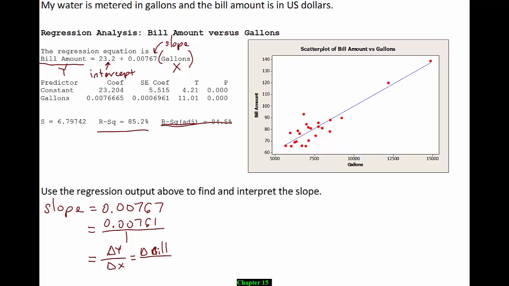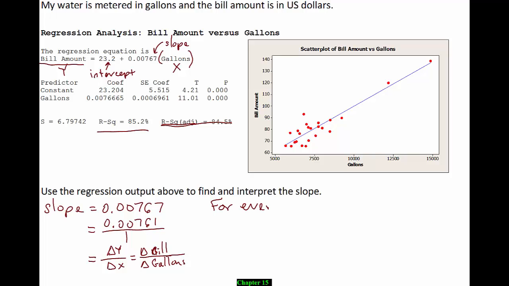And my x is gallons. That's my usage. So, we can interpret this as for every 1 gallon extra consumed on my water bill, we can expect the bill amount to go up because our slope is positive. Notice the positive sign up here in the equation. We can expect the bill to go up by $0.00767.